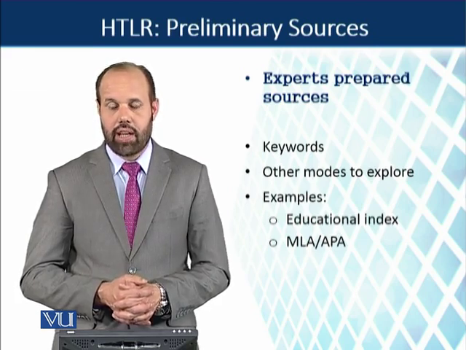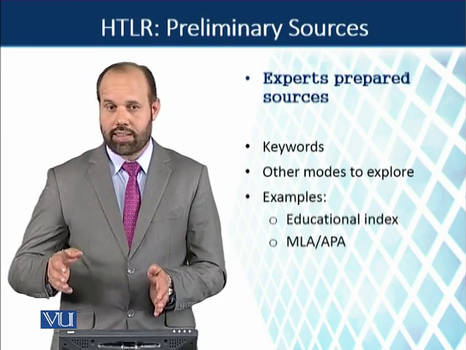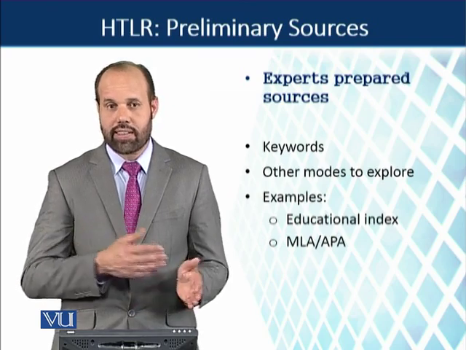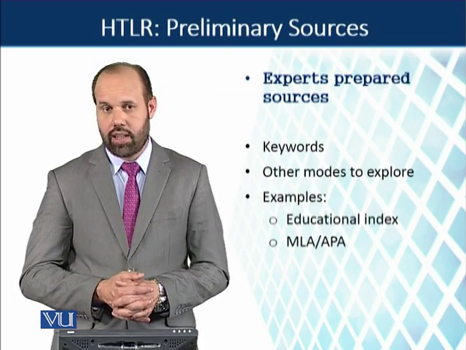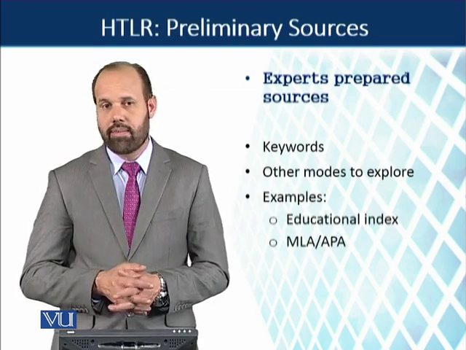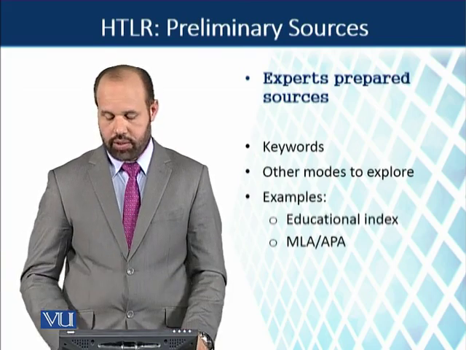And then APA, American Psychological Association. You might have heard these two as styles also, because these are the styles which are used in social sciences. But these are also databases which provide you with preliminary sources and access to primary research, okay?